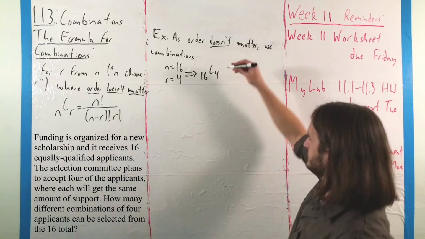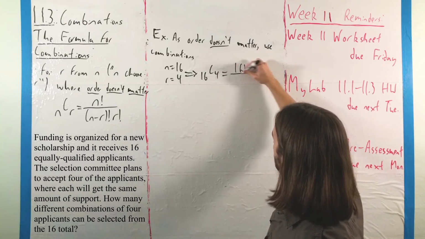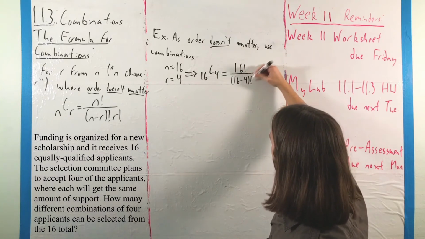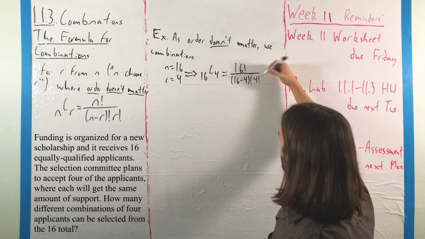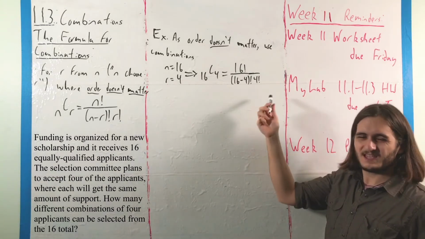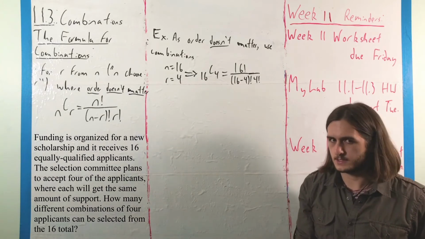But really, this value is 16 factorial over (16 minus 4) factorial times 4 factorial, as we don't care about the other 12, and we don't care about the order of the 4, but we do have 16 total things.